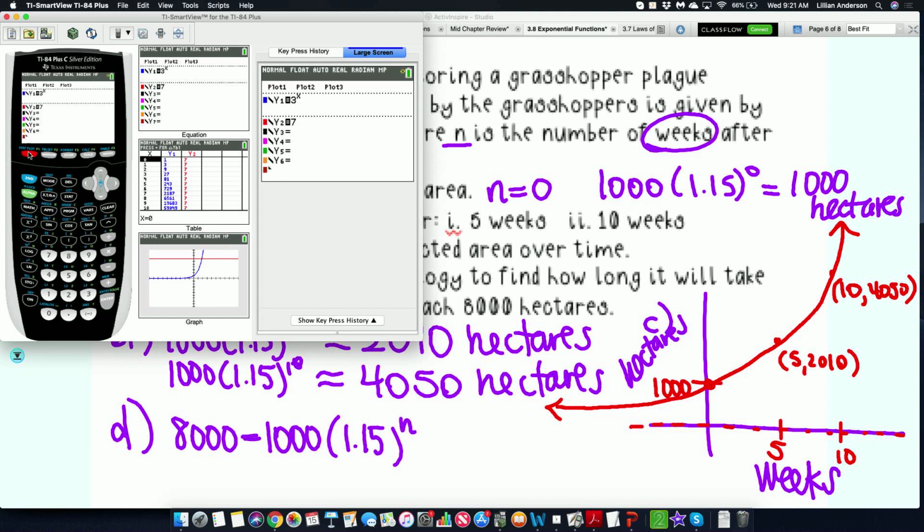So I go to y equals, 8,000 for y1, the equation for y2, and it doesn't matter, they could be backwards. Now am I going to use n or am I going to use x? X.